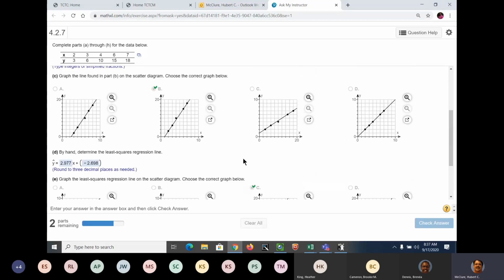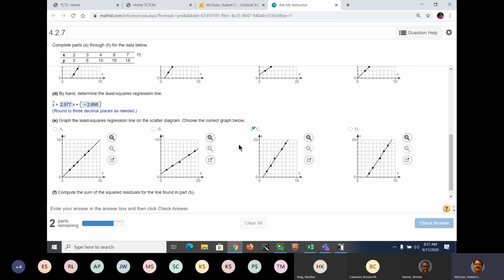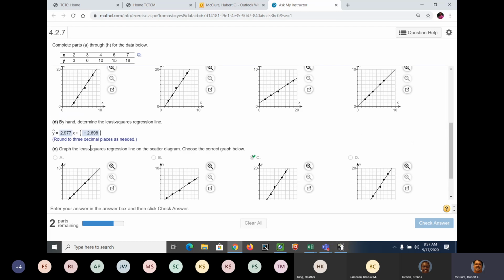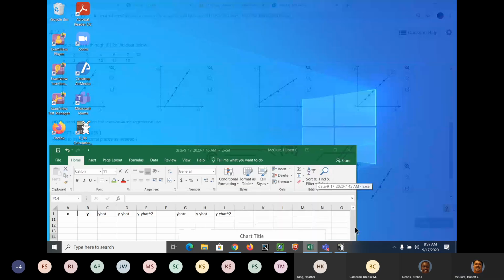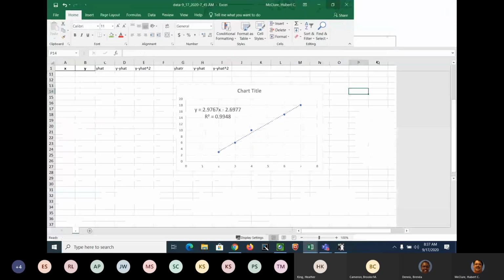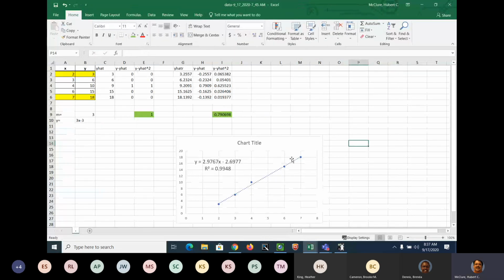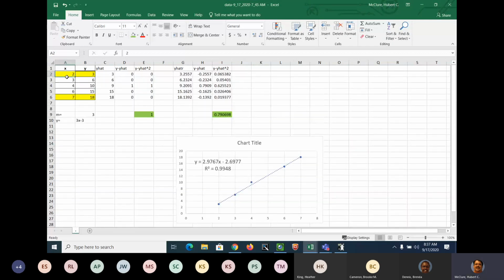Now, the third part. That's where you go to the handy-dandy calculator or Excel spreadsheet. And here, I use those points right here.